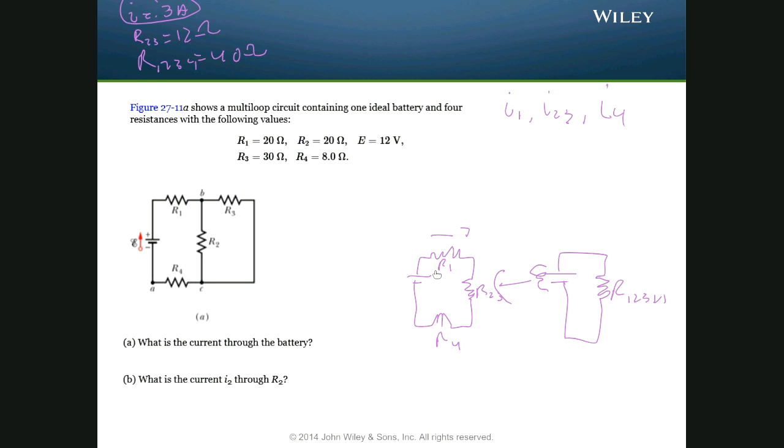So we know R, and we know the current, so we can just use Ohm's law to get the voltage drop. We know that the I is the same from part A.